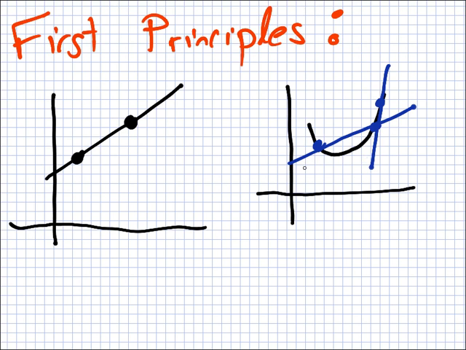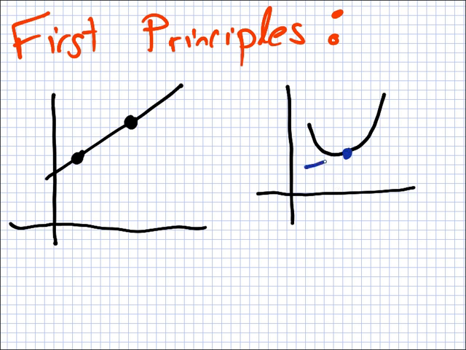So the only way we can meaningfully have a slope here is at a particular location. So suppose I was to say, okay, what's the slope here?